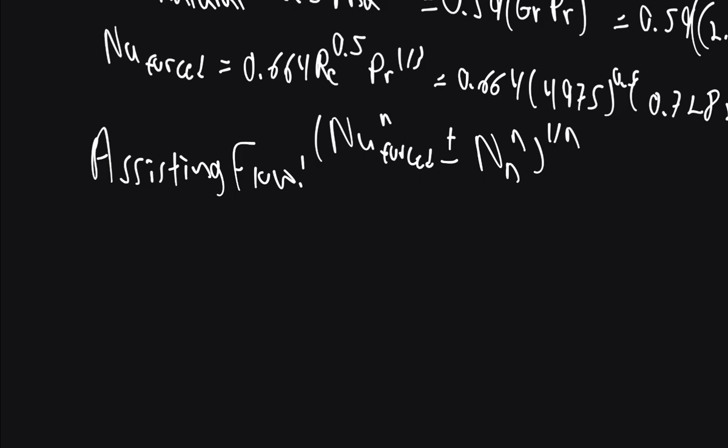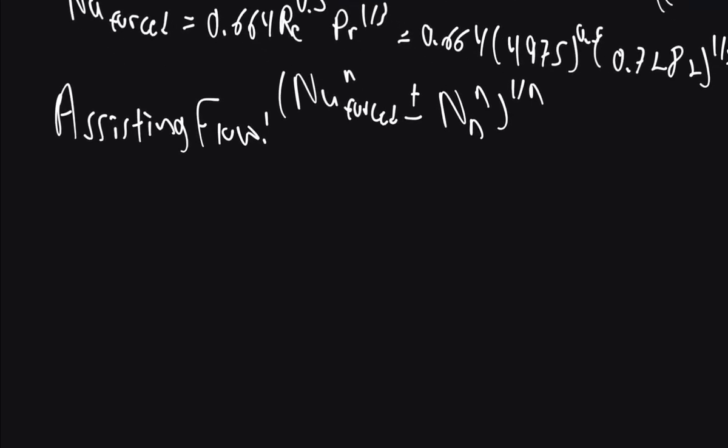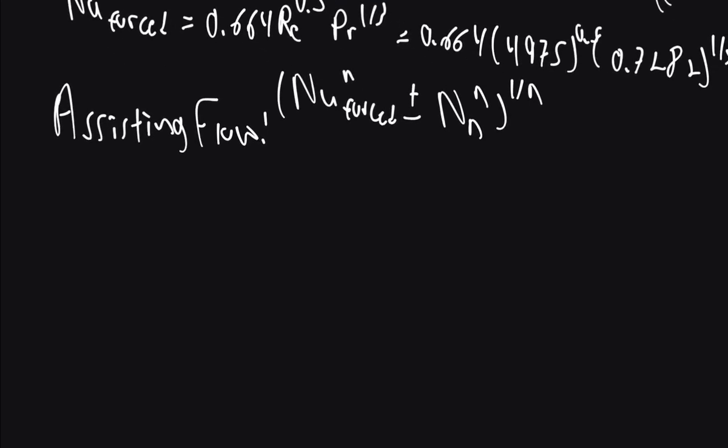For most cases, n will be 3. Plus is assisting, minus is opposing. So for assisting flow, we have Nu forced to the 3rd plus Nu natural to the 3rd, all to the 1/3.